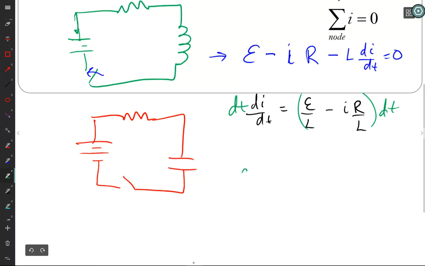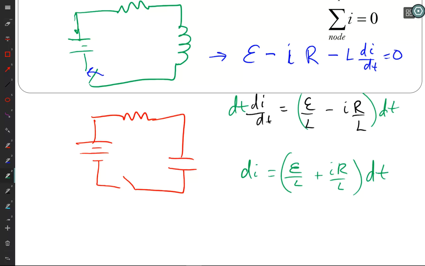Then I have di is equal to this. I still have i's on both sides. The only way to get I away from this side is to divide by the entire thing that's in parentheses.